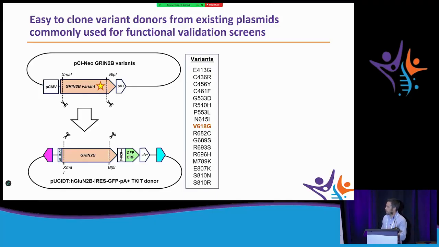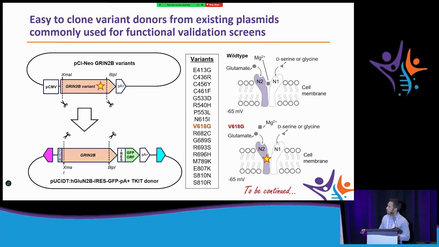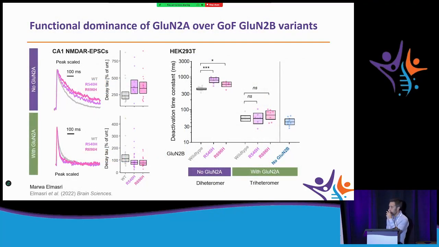And we have just made the first one, V618G, which is a pore mutant that relieves magnesium block, and it should do so for diheteromeric and triheteromeric NMDA receptors. So it would be a good way to check for functional incorporation of the receptor and how quickly we get that. So that work is still ongoing.